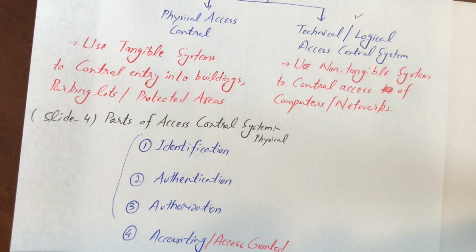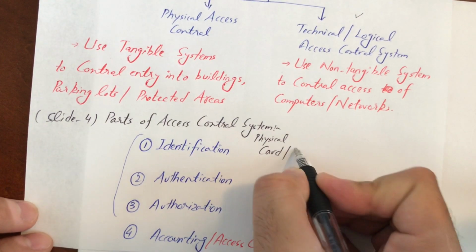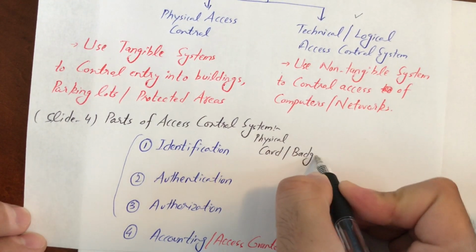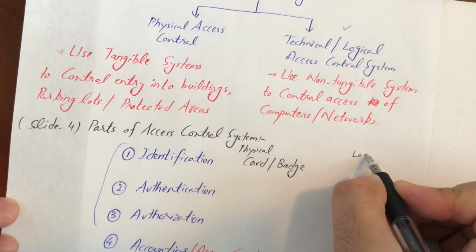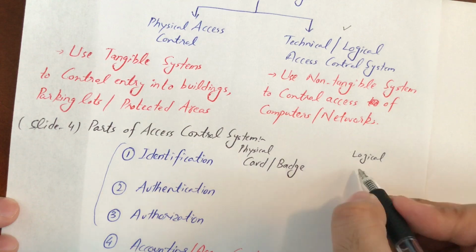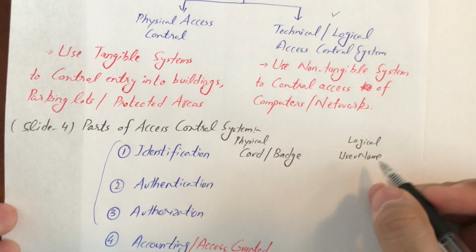For example, if you want to get into a building or any research area, you might have to have a card or a badge. That's the way you can be identified. In the case of logical systems, it could be your username, or you can say your password.